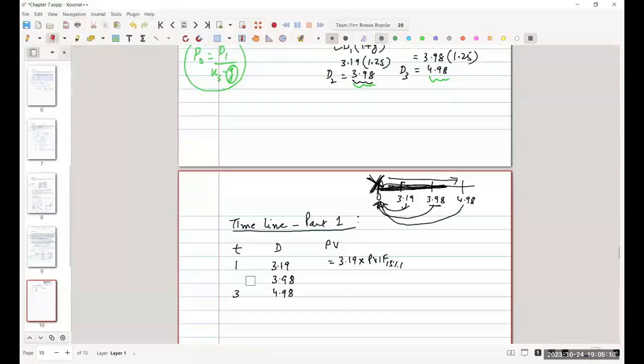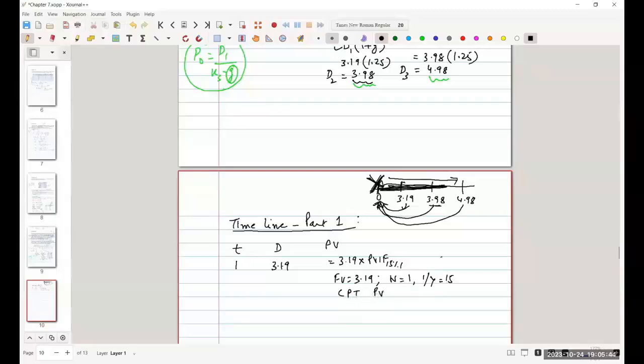Alternatively, let's just erase this for the time being. Alternatively, you can just use the calculator where you can say that this future value is 3.19, right? Time is just 1 period ahead. I/Y is 15%. And then you can ask your calculator to compute the present value.